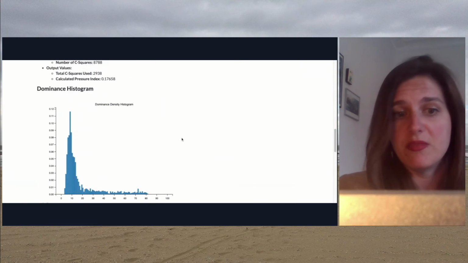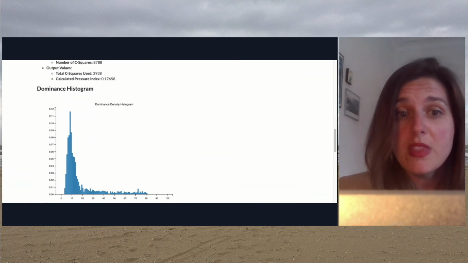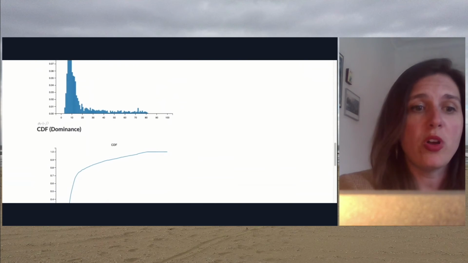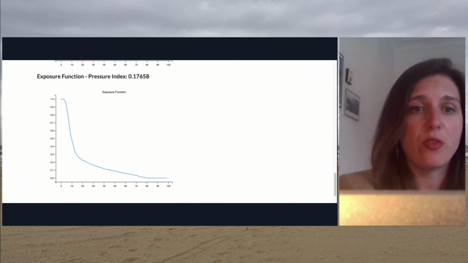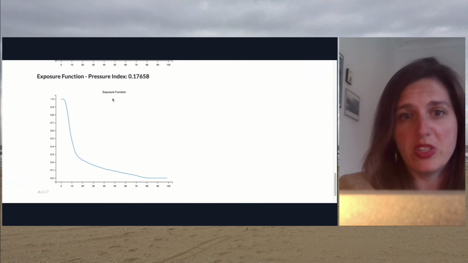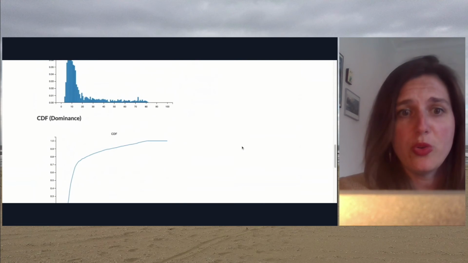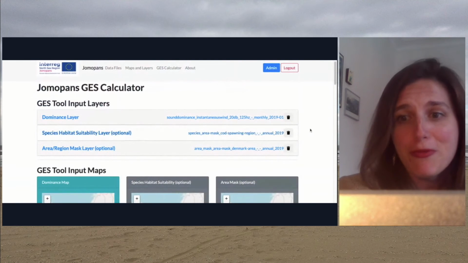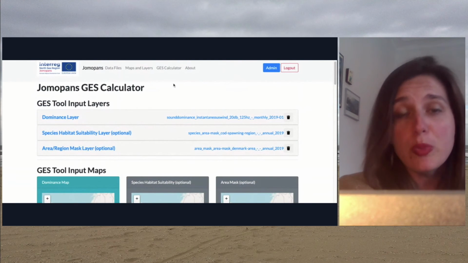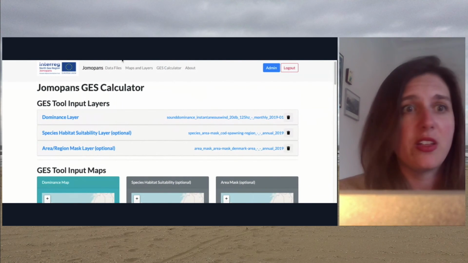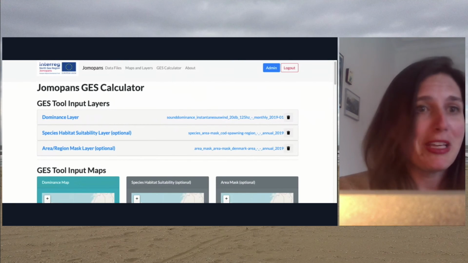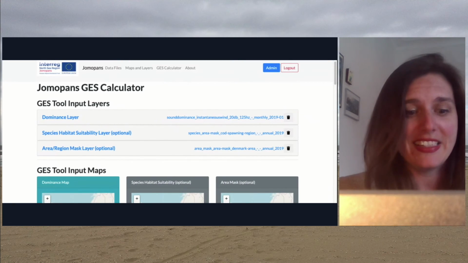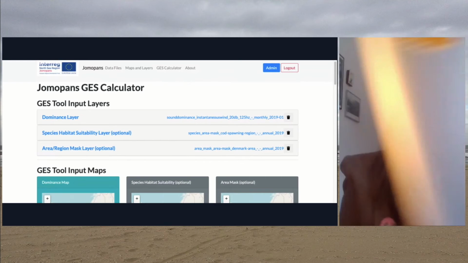It has the dominance histogram that Jakob went through before, the CD function, and of course your pressure curve as well with this pressure index. So that's the tool. It's pretty straightforward and easy to use. It allows you to explore a lot more than I can really give a demo for, but let's move it back.